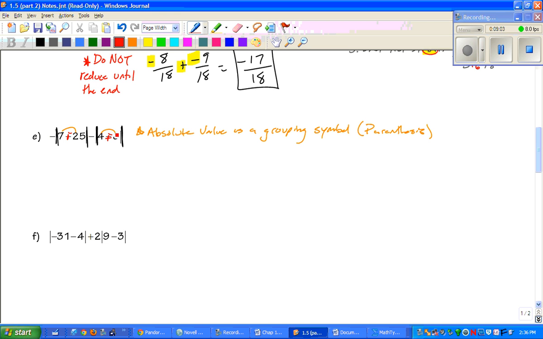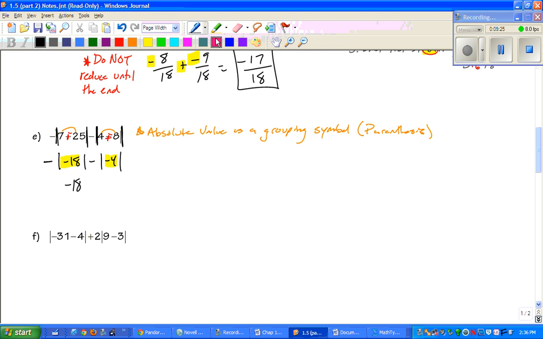Add the opposite. Add the opposite. We have the absolute value of negative 18, and the absolute value of 4 plus negative 8, which gives us negative 4. So now all we got to do are those absolute values, and that's 18.